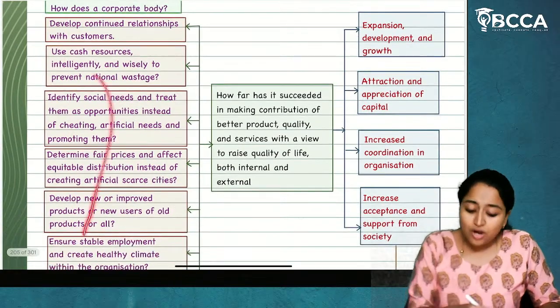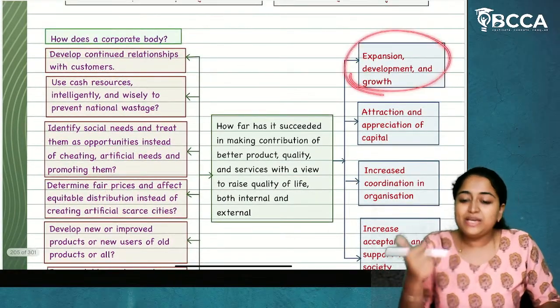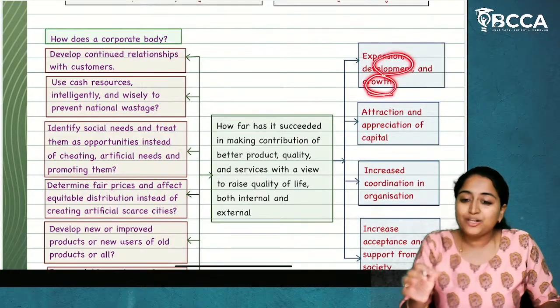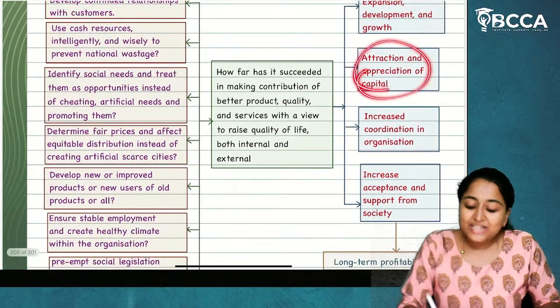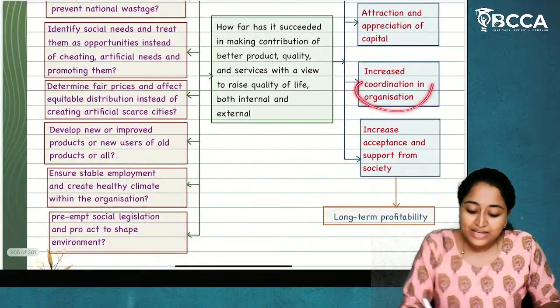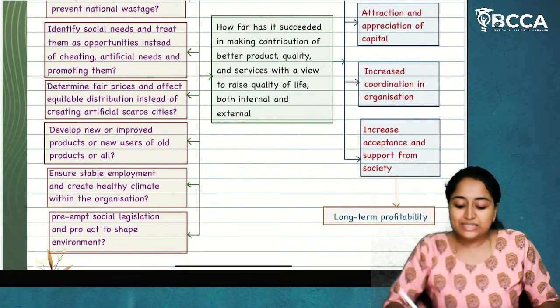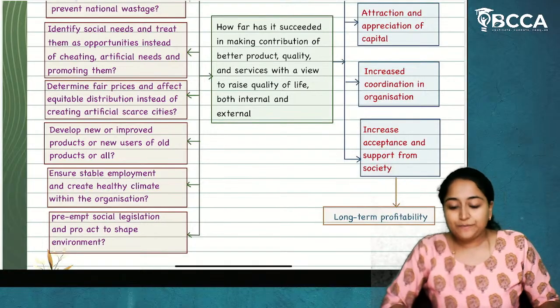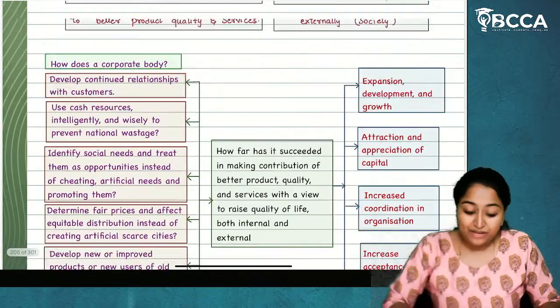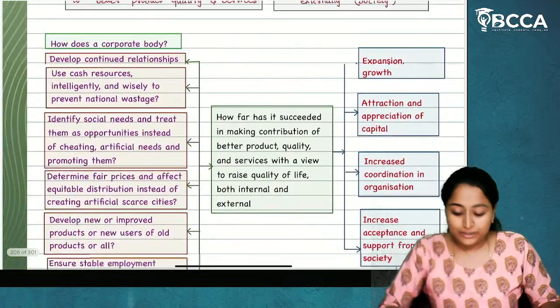And by doing all this, what will happen? There will be expansion, development and growth of the organization, attraction and appreciation of capital, increased coordination within the organization, and increased acceptance and support from society. They will get all these benefits by following the corporate service audit.